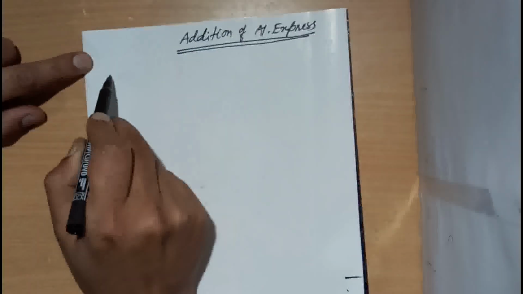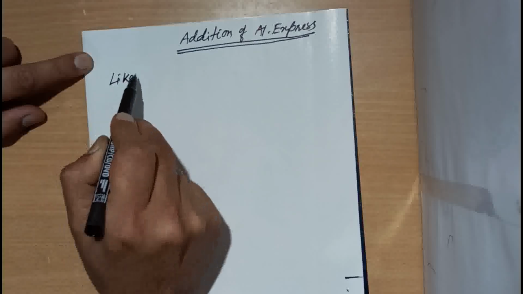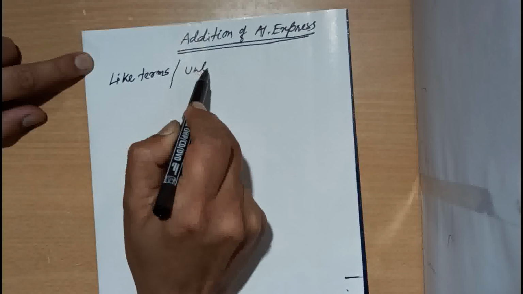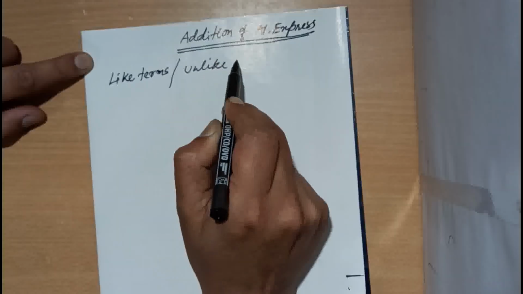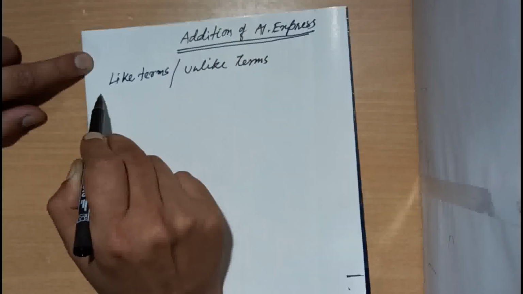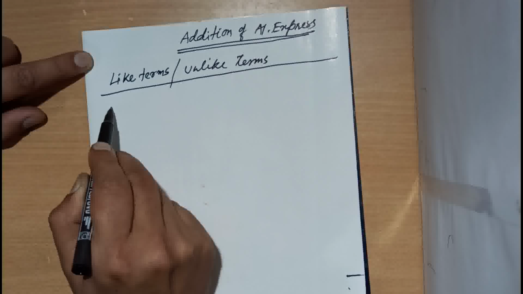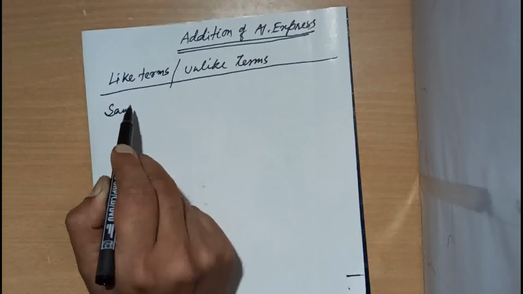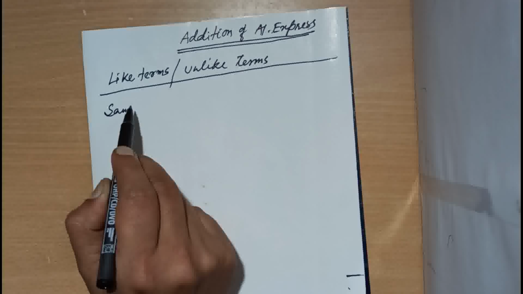Before that, let us recall something we learned in the previous video, about like terms and unlike terms. These are very important while adding algebraic expressions.